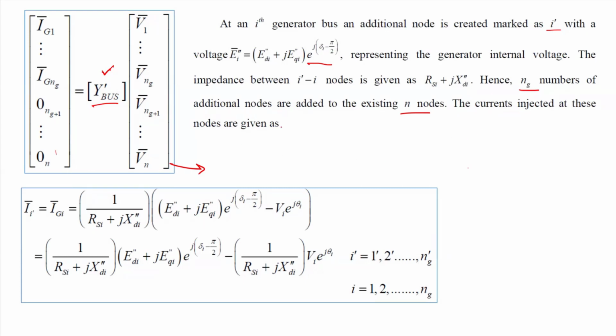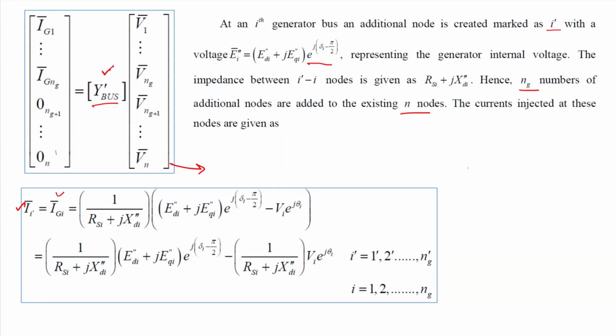So the currents injected at these nodes are given like this. At these generator nodes, we can write the current injection from the generator as Ii dash, that is equal to IGi.